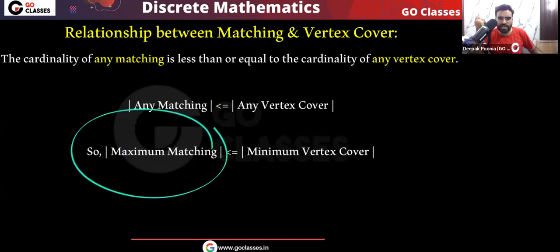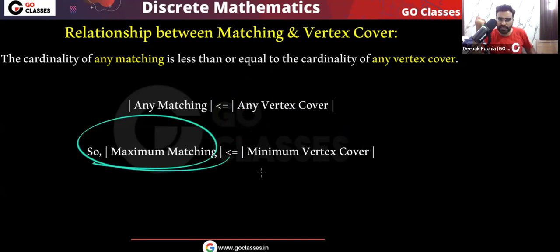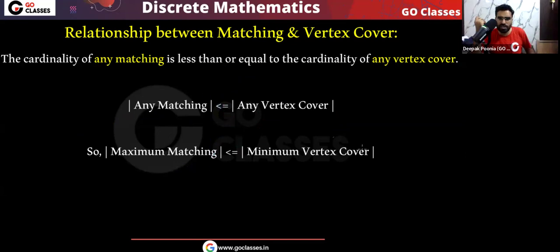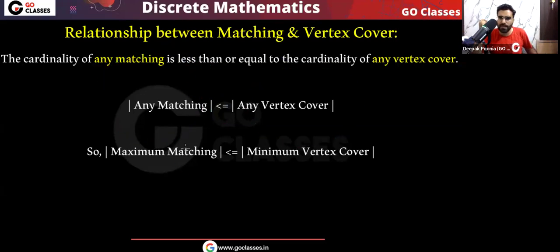So I can say the size of maximum matching is less than or equal to any vertex cover size. Any vertex cover, so I can take minimum vertex cover also. So I can say that the size of maximum matching is always less than or equal to the size of minimum vertex cover in any graph, whatever graph you take.